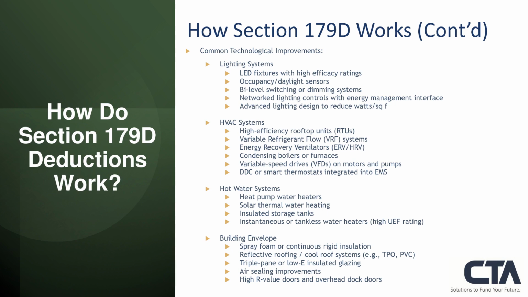What are the windows? Are they double paned with glass in the middle of the window? What is the heat that's being radiated off of these windows? What type of R values do your doors and your overhead dock doors have? All of this can be factored into the building envelope when we're looking at extracting qualified activity from different types of companies that actually qualify.